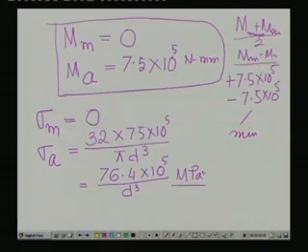So, this is the value of the mean and this is the amplitude. Keep a note of these two things and let us go to the next page.